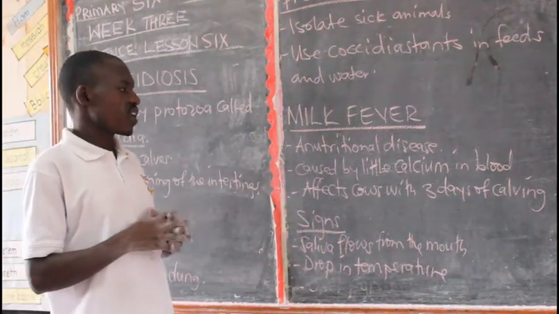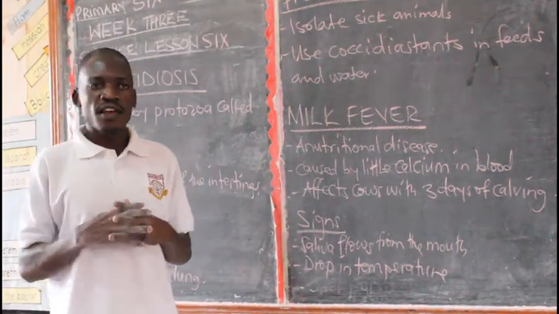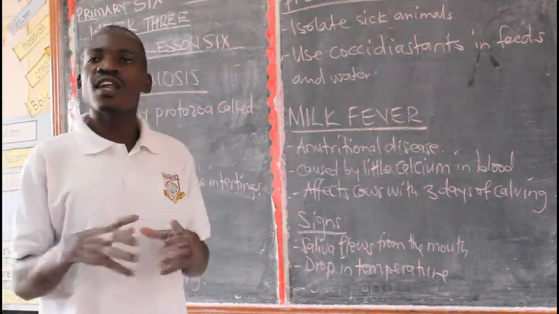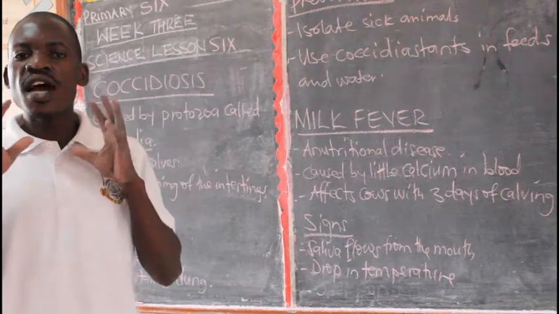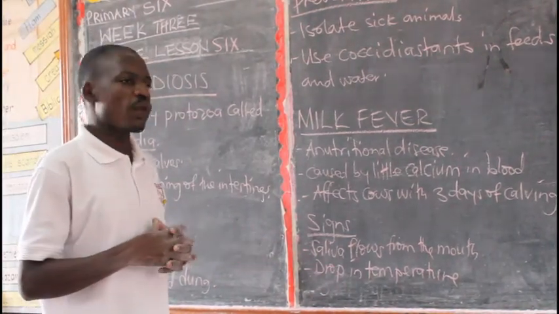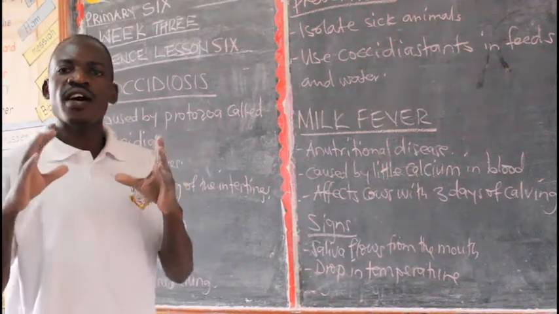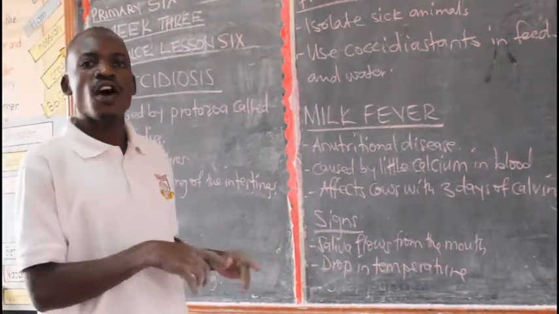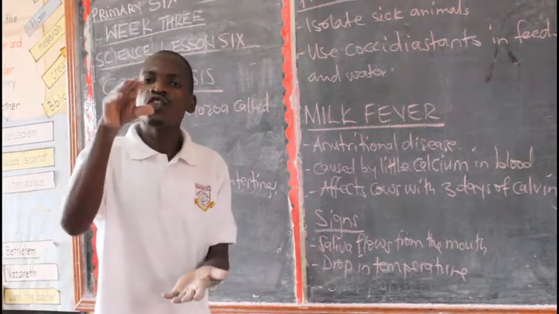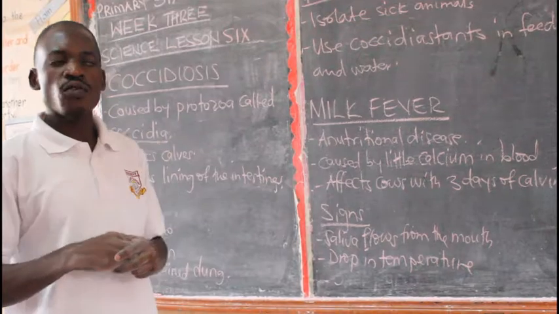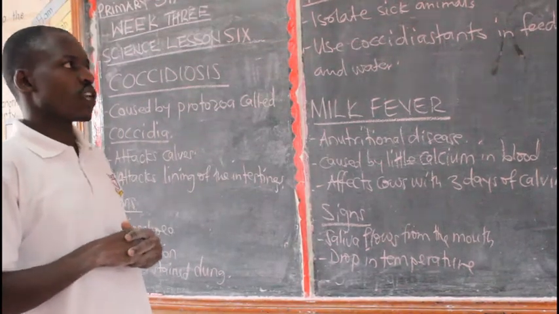Now, what are the signs and symptoms of milk fever? One, saliva flows from the mouth, the salivation. Two, drop in temperature. I told you the temperature of the cattle is 40 degrees Celsius. But since the animal now has milk fever, the temperature goes down suddenly.